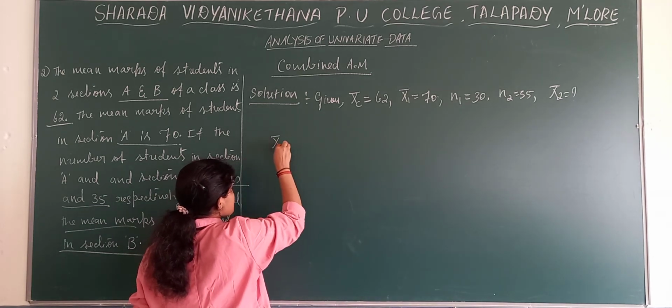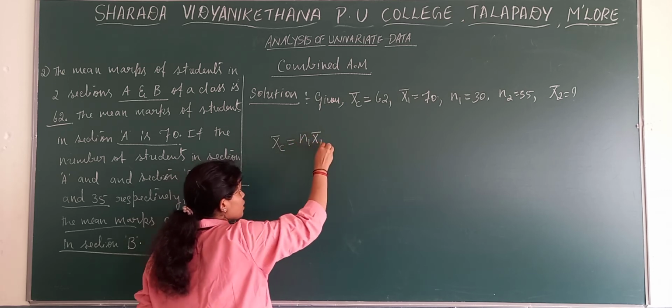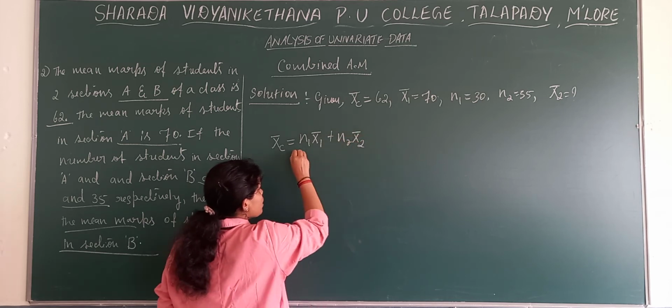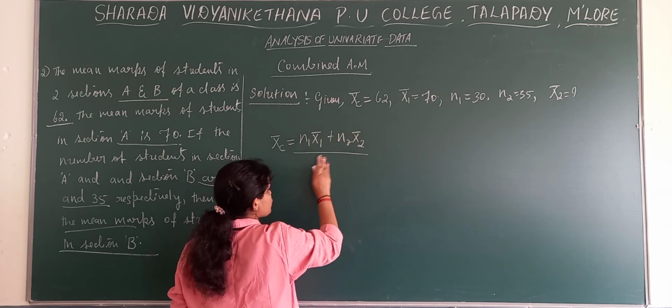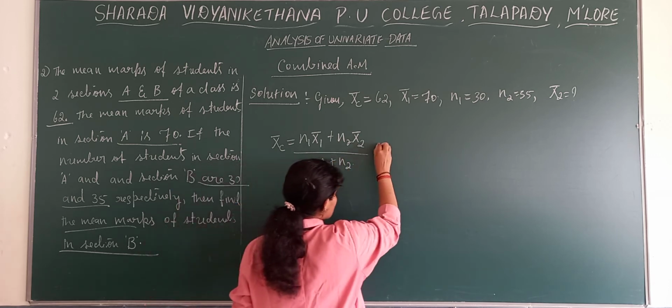x bar C is equal to N1 into x bar 1 plus N2 into x bar 2 divided by N1 plus N2. Now substitute into the formula.